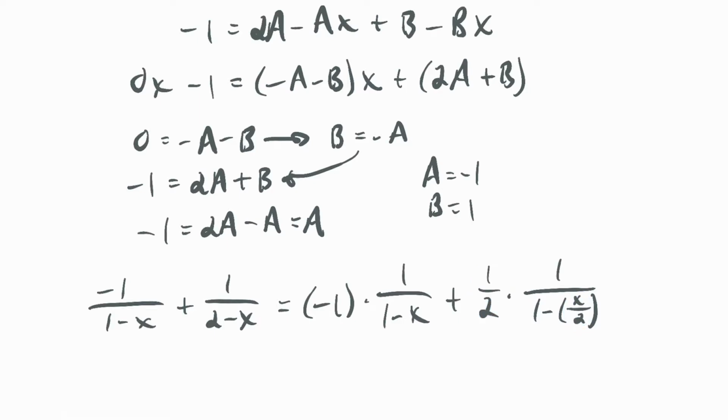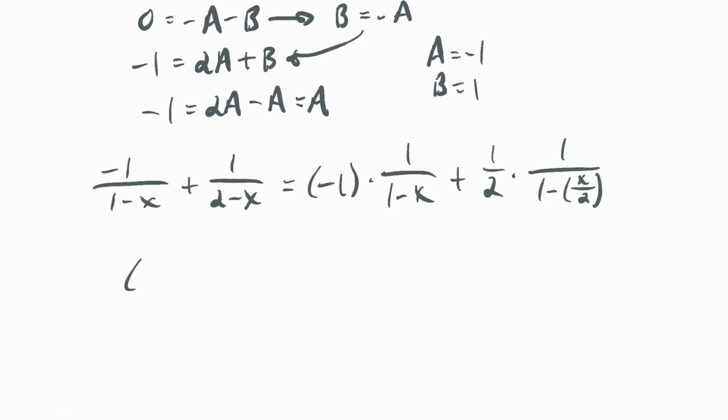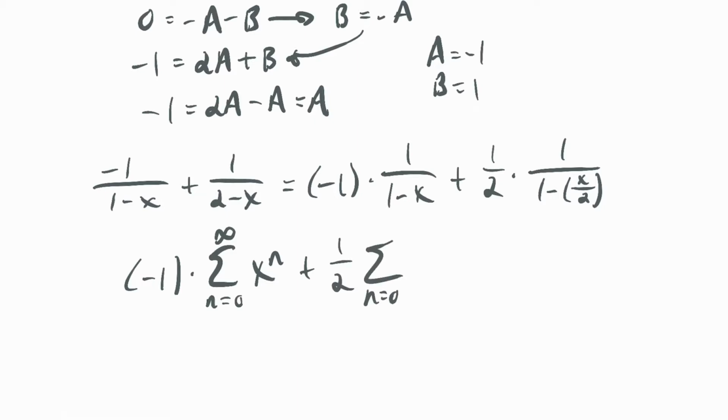So I'm going to be able to represent these with the following: -1 times the series as n goes from 0 to infinity of x to the n, plus 1/2 times the series as n goes from 0 to infinity of x over 2 to the n power.